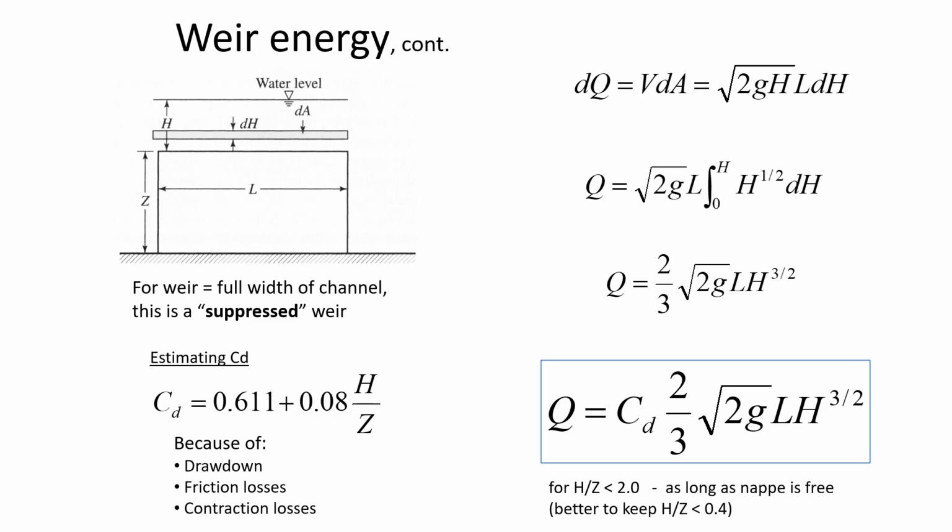So the length of the weir is what fraction of the channel's width the water is flowing over. And if it is suppressed, those two are equal.